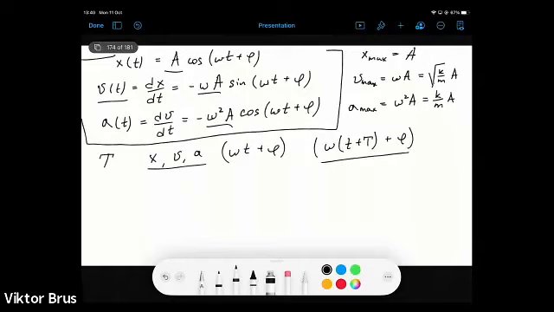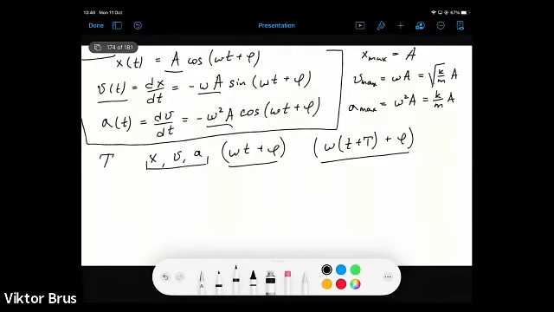Let's call this phase 2, and this phase 1. At both of these phases, values for x, v, and a will be the same.